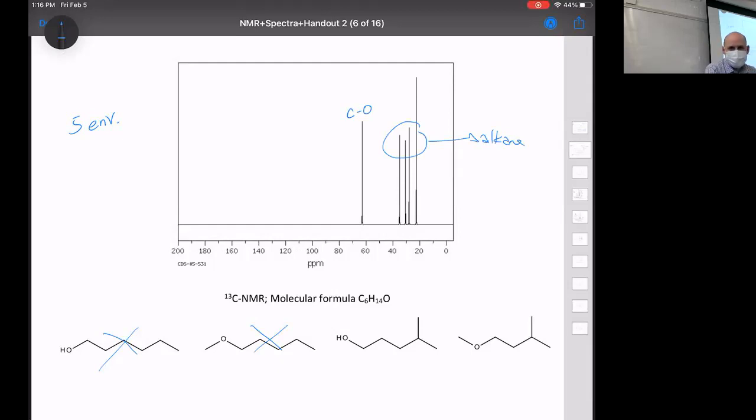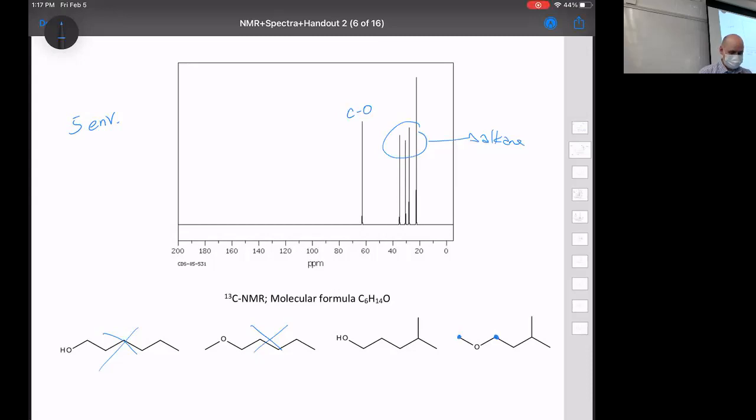Would it be third? Yes, it is. All right, so how do we know it's not this one? Why does this not fit our data? Would there be a peak higher up, closer to like the 60, 90 range? Yes, exactly. So looking at this molecule right here, you have 2 different carbons that are next to the oxygen.